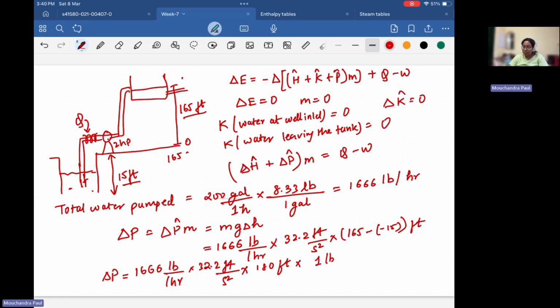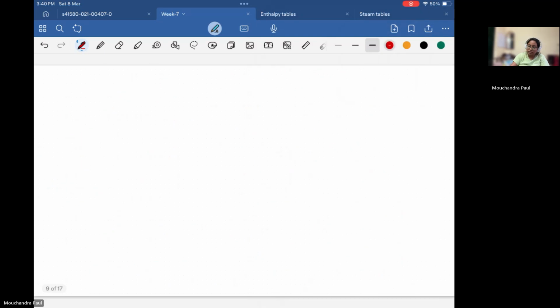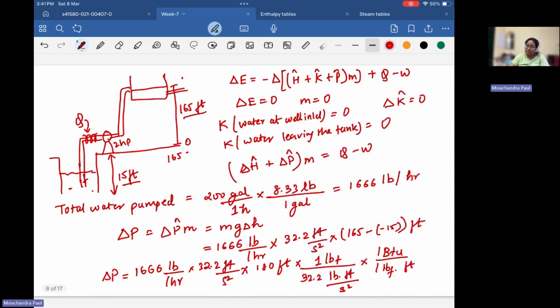Now 1 lb force, in SI it is equivalent to Newton, is 32.2 pound feet per second square, and 1 BTU is 1 lb force into feet. So when you solve this, you should get change in potential energy as 386 BTU per hour. Okay, so in this expression, we now know delta P cap.